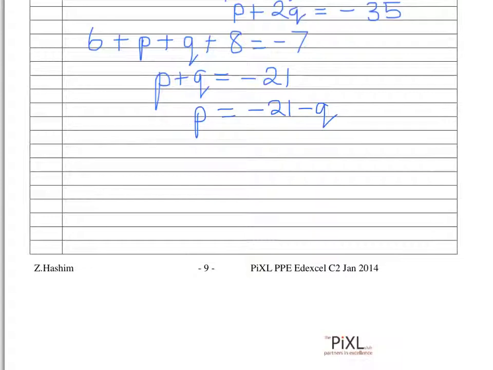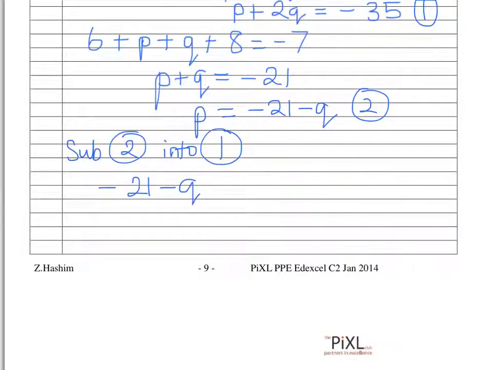And now I'll just number these 1 and 2. I can substitute 2 into 1. So I get minus 21 minus q plus 2q equals minus 35.